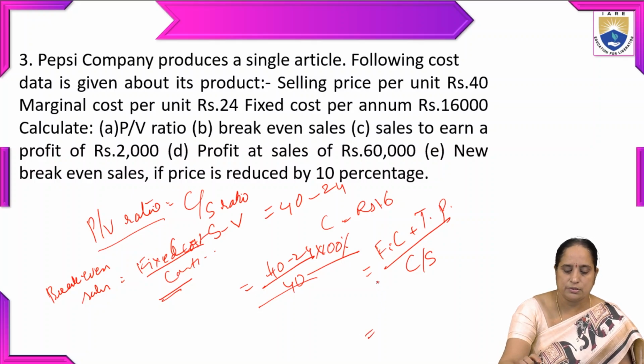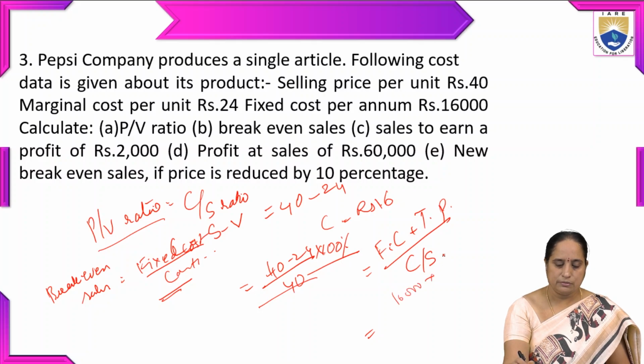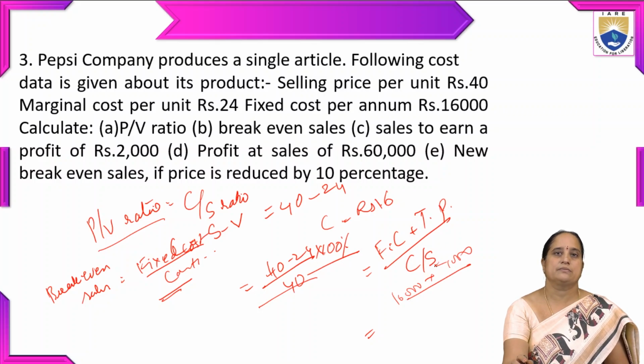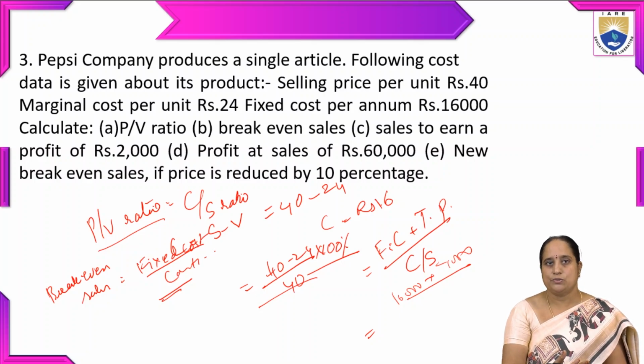Here fixed cost is given in the problem, that is 16,000, plus target profit 2000, divided by contribution by sales. By using this we can find out how many sales the company has to produce to avail a profit of rupees 2000.